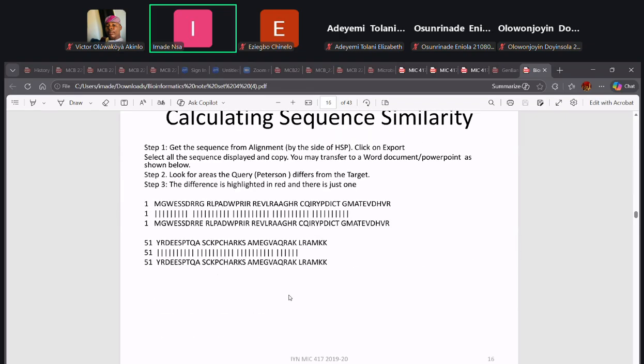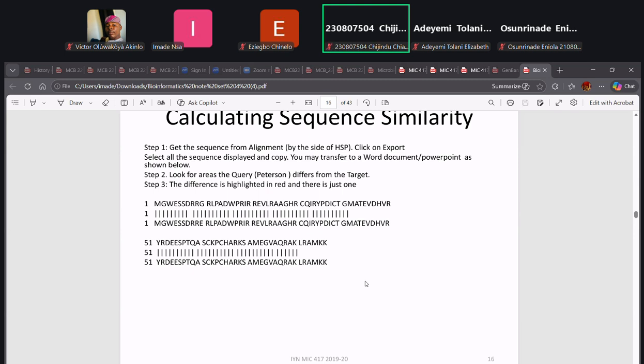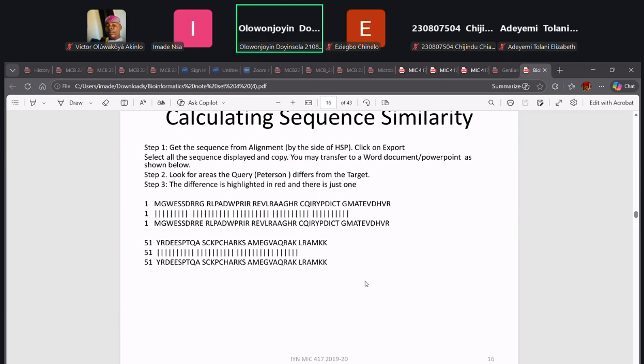I wonder why the red didn't show here. So I want you to look at all of these and tell me where they are different. I want to see who can tell me where the difference is. There's only one difference. Who knows where the difference is? The G and E. G and E on one.